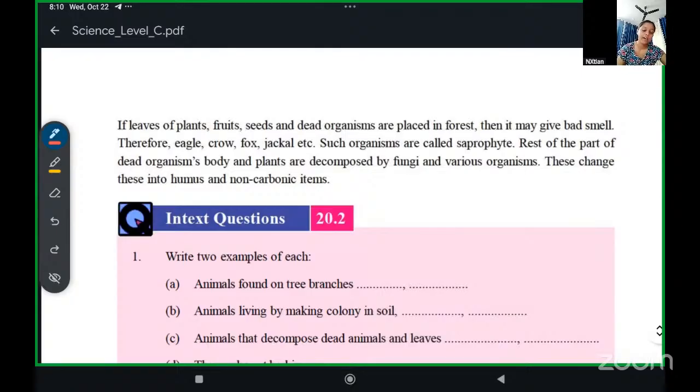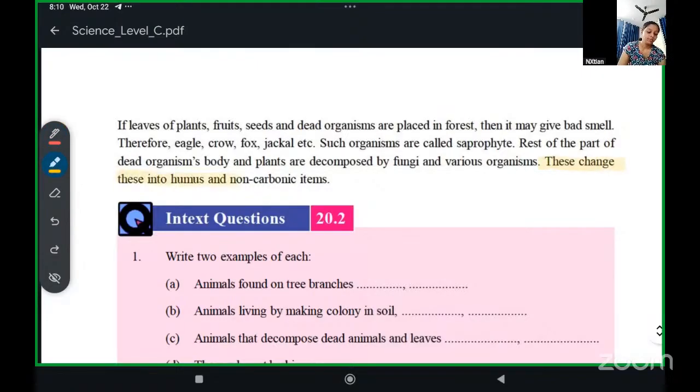They eat the dead animals, and the rest of the body is decomposed by fungi and bacteria, the decomposers.